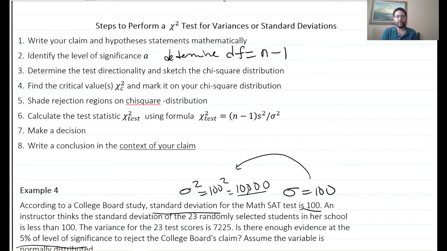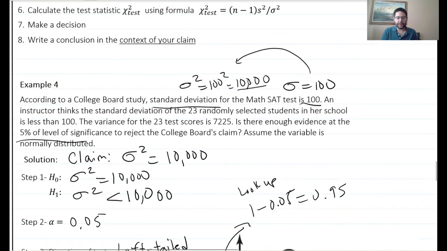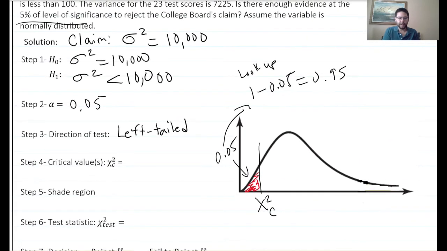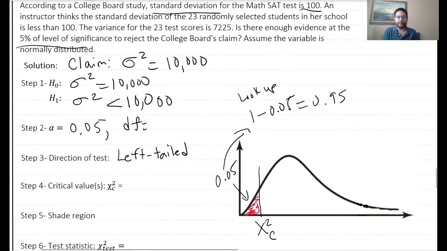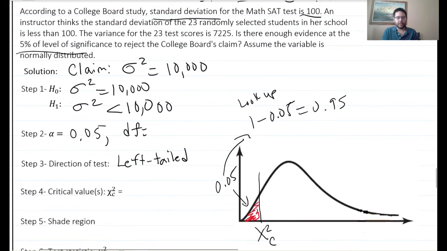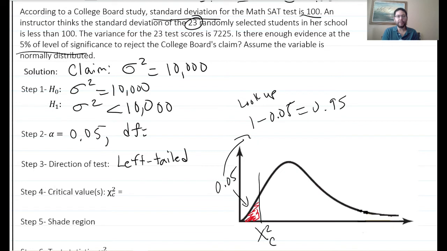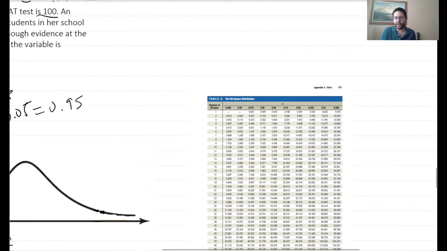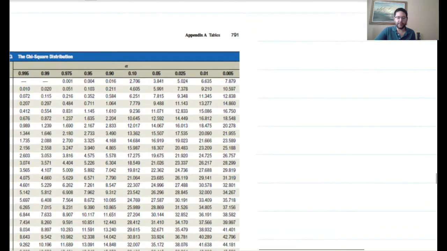So determine the n-1 and your alpha. The DF here is n-1. How many people did we survey? It says we surveyed 23 random students, so 23 minus 1 is 22. That's my degrees of freedom. So 22, and then we look up 0.95 in our chi-square table, which I provided right here.